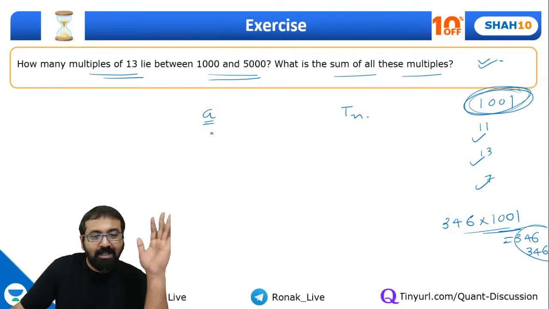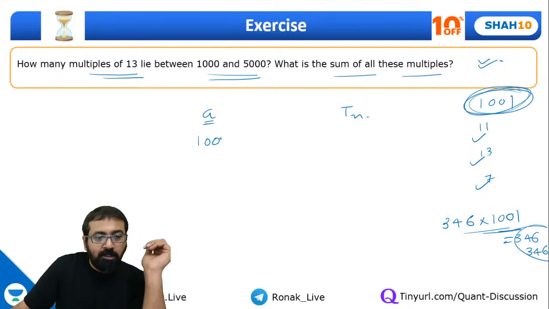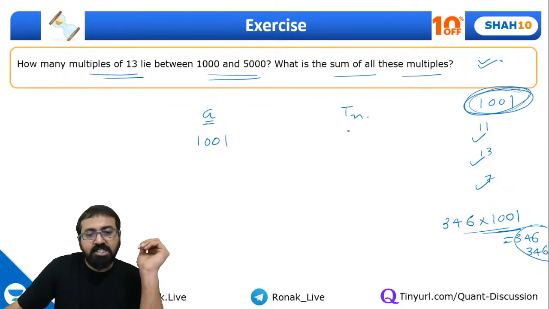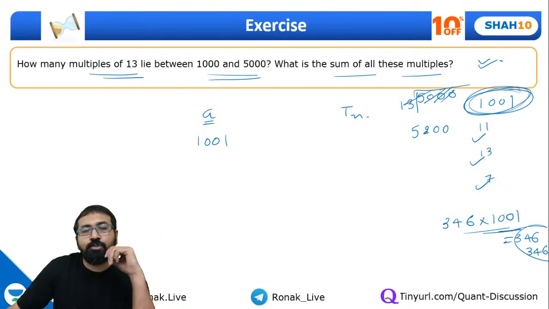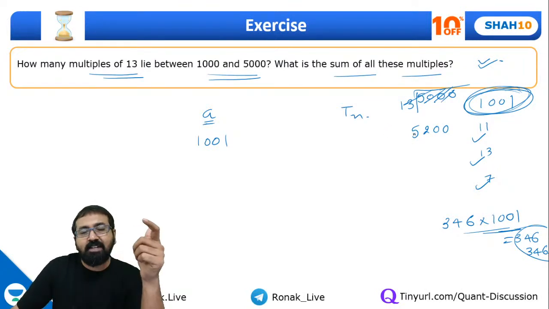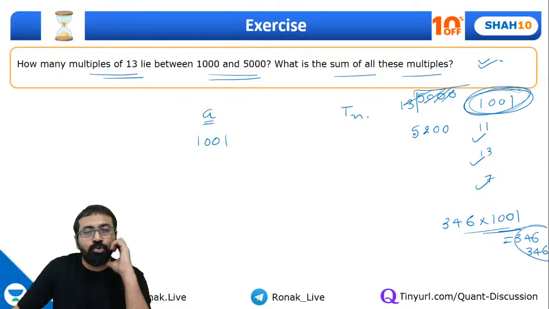Okay guys, so once again coming back to this question, the first multiple is 1001. Now which is the last multiple? The best way to find the last multiple is you can divide 5000 by 13, or you know 50 to 100 is divisible by 13. 13 fours are 52. And subtract some multiple of 13 which is close to 200.